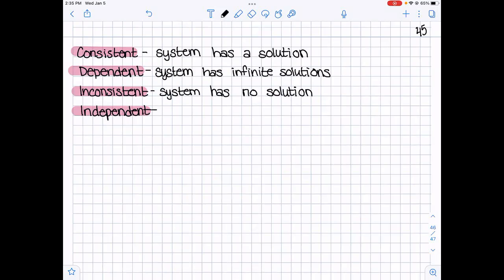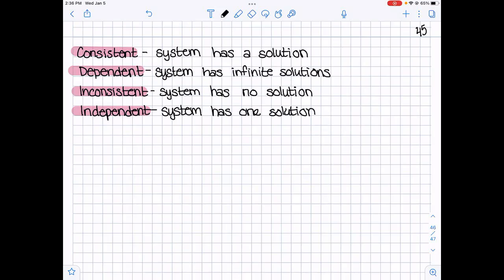It's not no solution, we already wrote down no solution. It has one solution. Yes, independent, one solution.